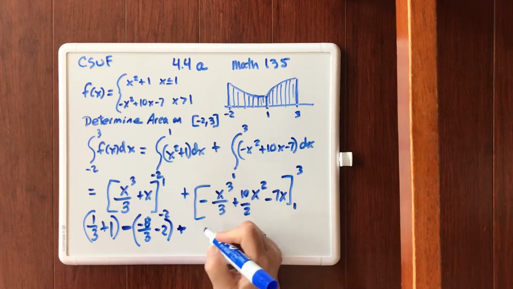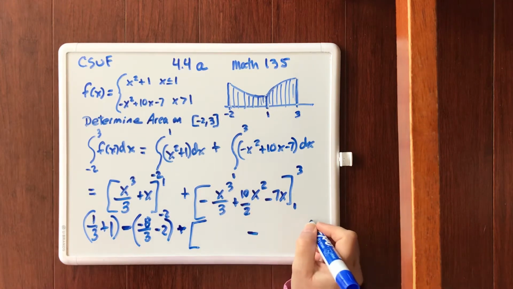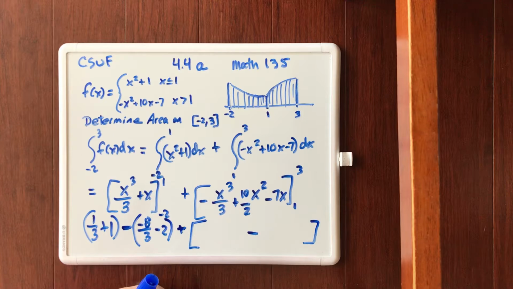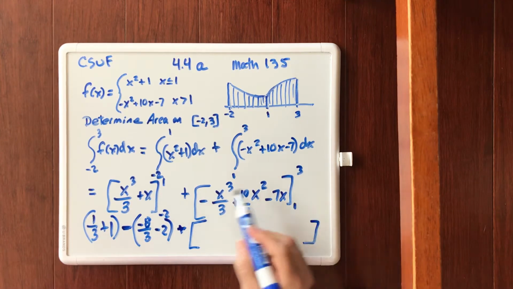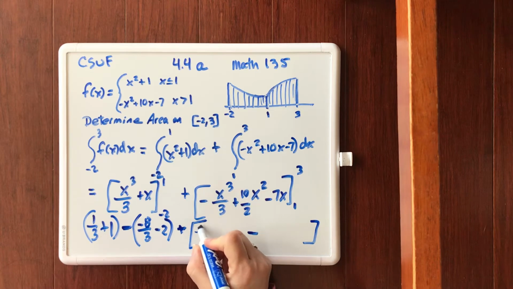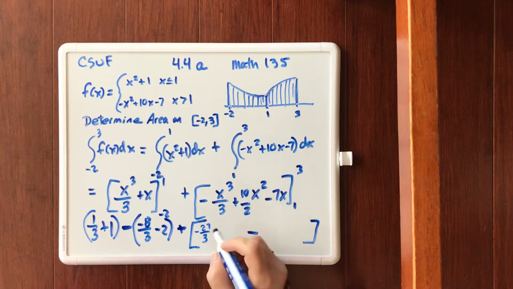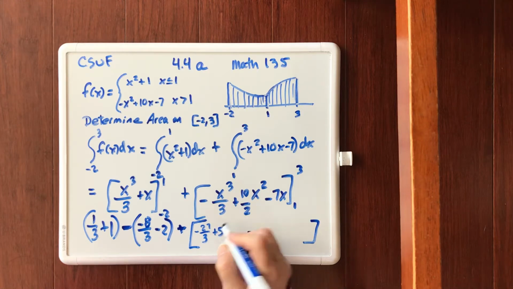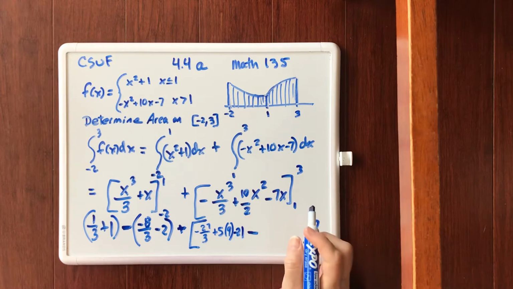Okay, now for this one, I like to keep these because we're going to have a minus in here. All right, so here we're going to put in a 3. So we have negative 27 over 3, put in a 3 here, plus 5 times 9, put in 3 here, minus 21.